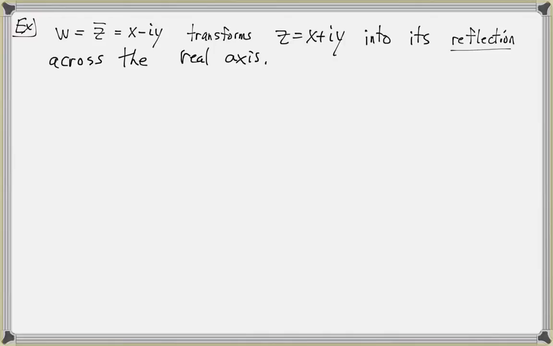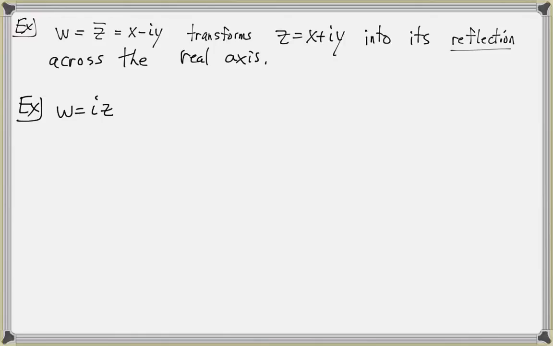While it can be useful to look at the images of points through transformations, we can often gain more information from sketching images of curves or regions. So let's revisit the function w equals iz.